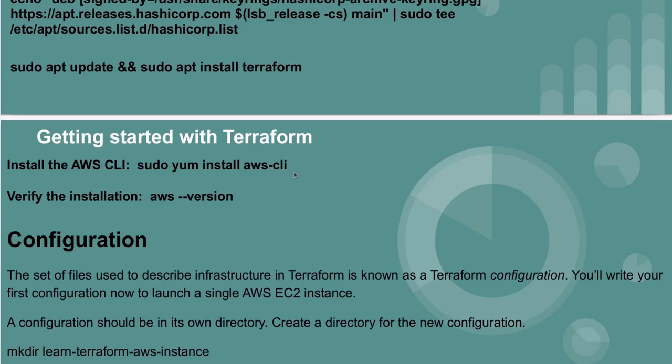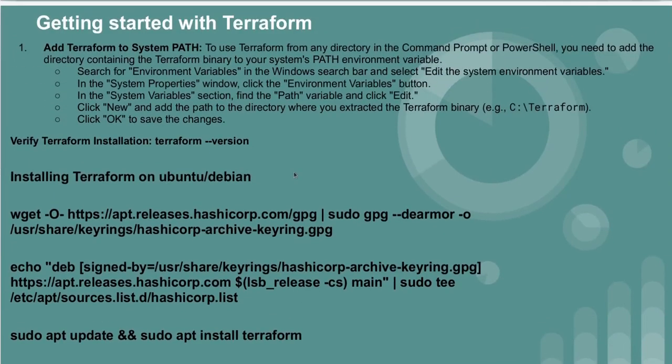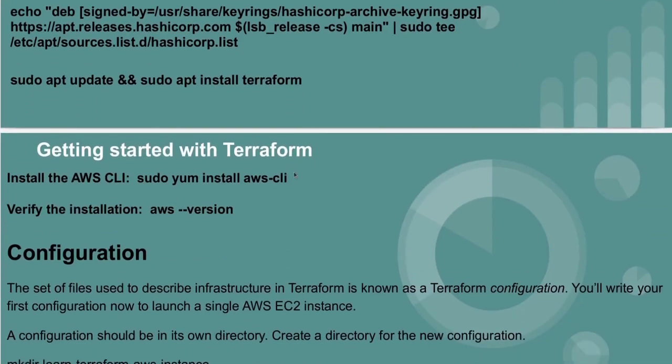You have seen how we can install Terraform on Windows, how we can set the environment variable to work with Terraform on Windows, and how we can install Terraform on Ubuntu. And how we can install the AWS CLI.